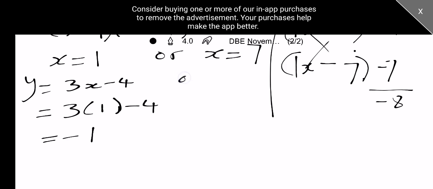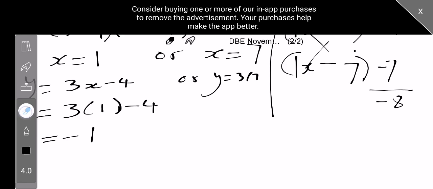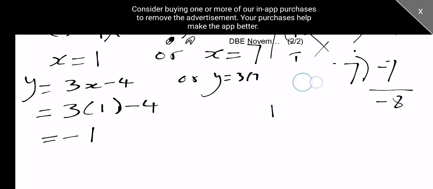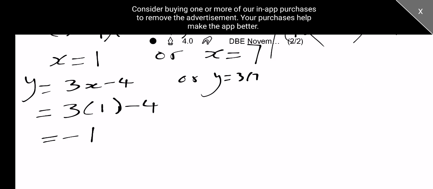Or y equals 3 times 7. Let me just wrap this off here to create a little bit of space. 3 times 7 minus 4. 3 times 7 is 21 minus 4 is going to give you 17.